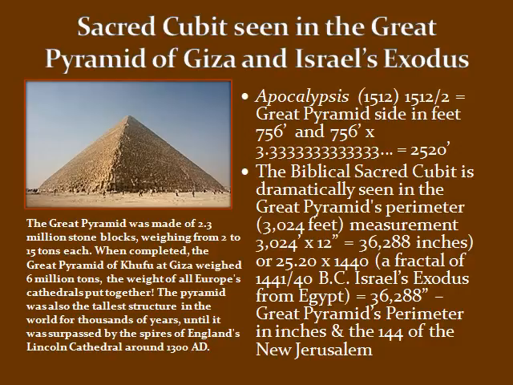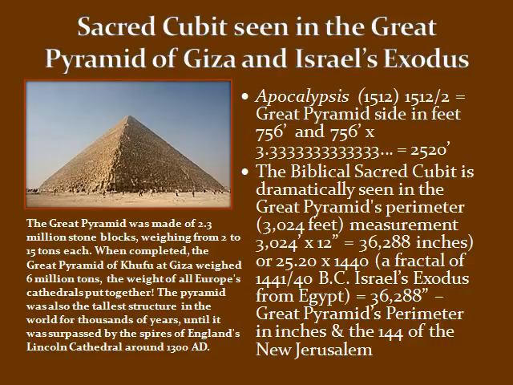The Great Pyramid was made of 2.3 million stone blocks, so it was thought for so many years, weighing from 2 to 15 tons each. That number of stones, however, through modern technology, has determined that the number is somewhere around 603,000 plus stones.